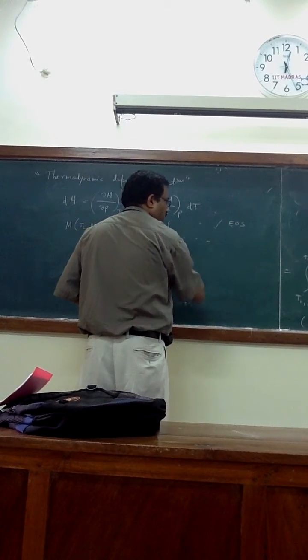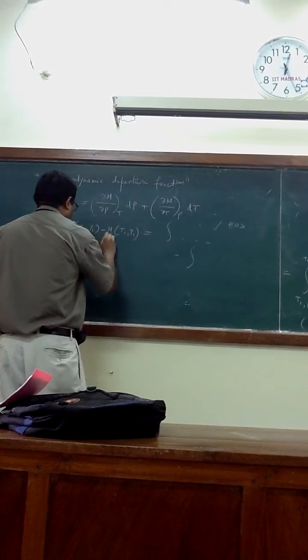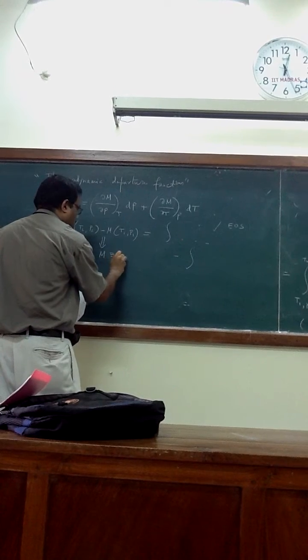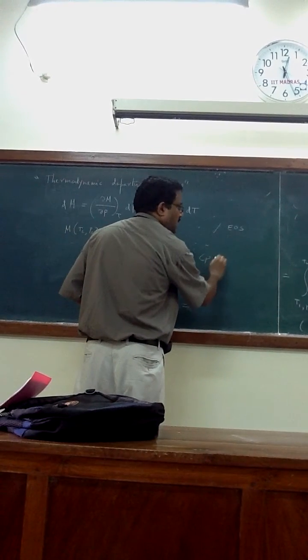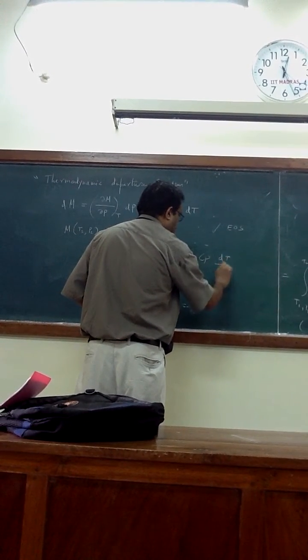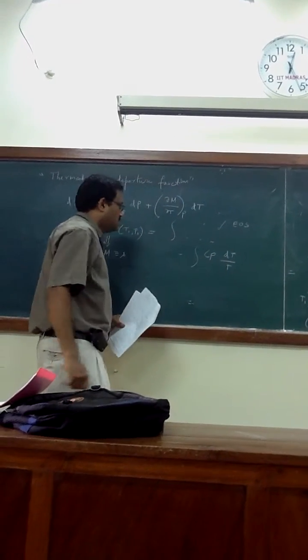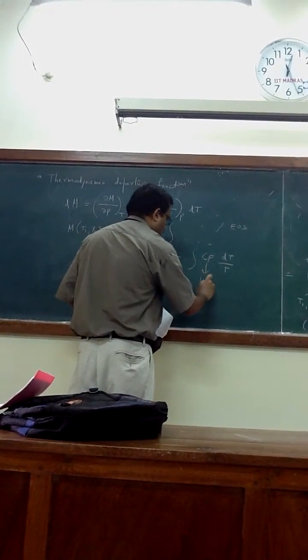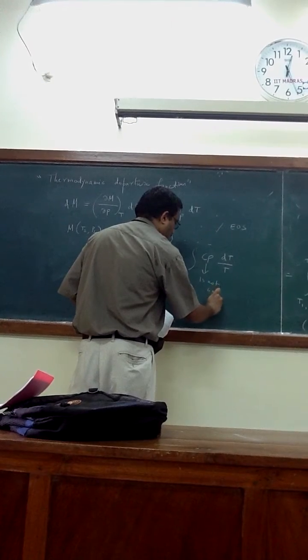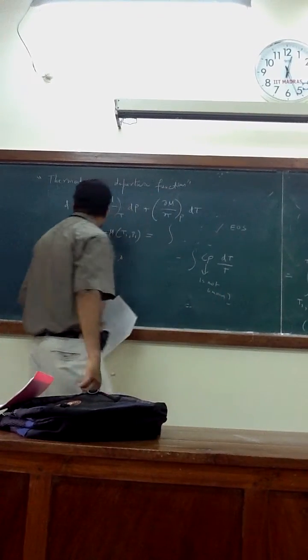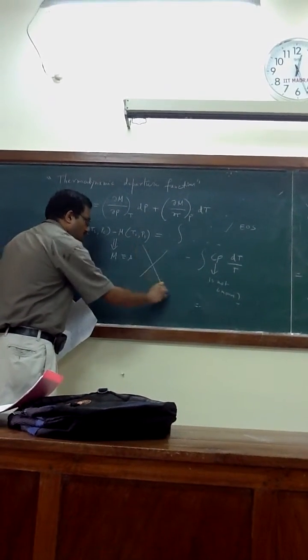And if M is S, you have Cp dT by T. It is not known. So this method will fail.